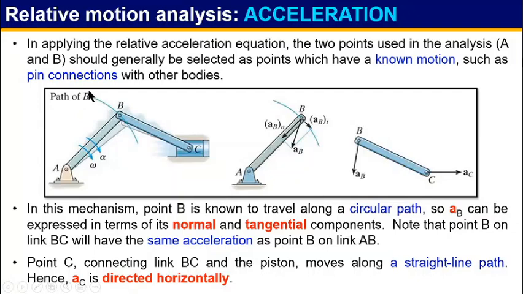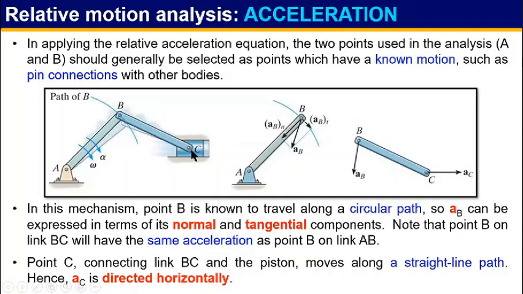Note that point B on link BC will have the same acceleration as point B on link AB. Okay, even though these two links have different motion, point B acceleration will be the same for link AB and also link BC.